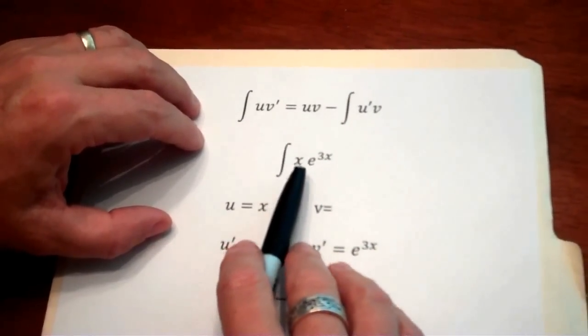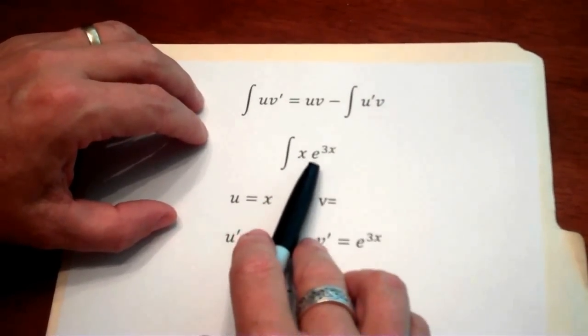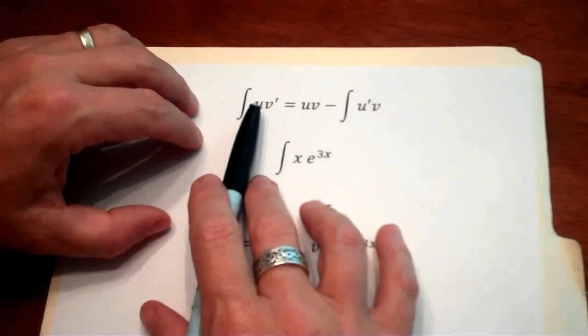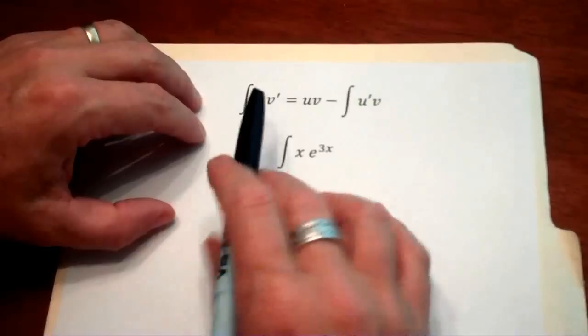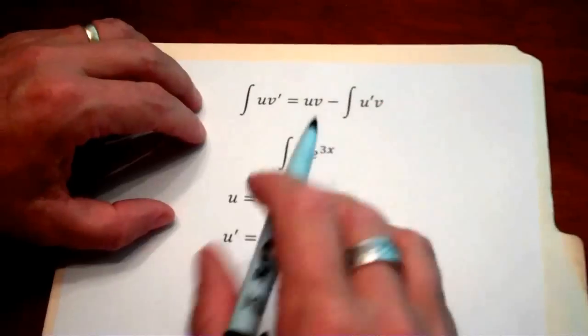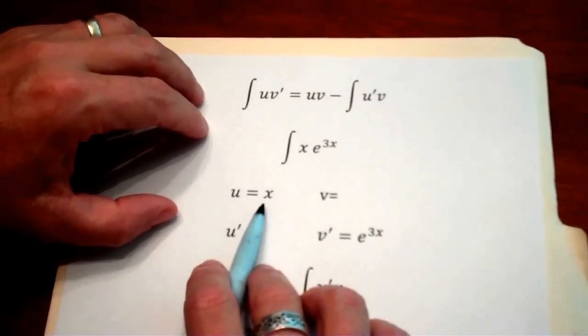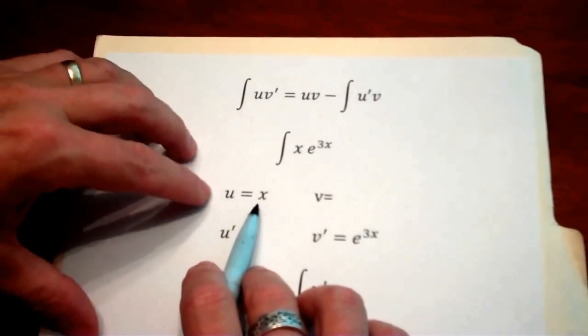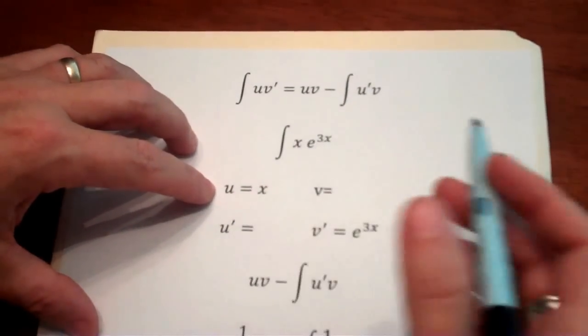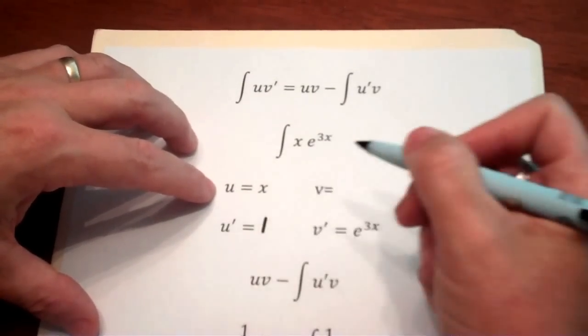Now, what you want to do is assume that one of these two terms, either the x or the e to the 3x, is the u, and the other one is the v prime, or the derivative of v, in other words. In this case, I'm going to pick u to be the x. And I do that because, quite frankly, when I take the derivative of u, or in this case the derivative of x, I get 1.